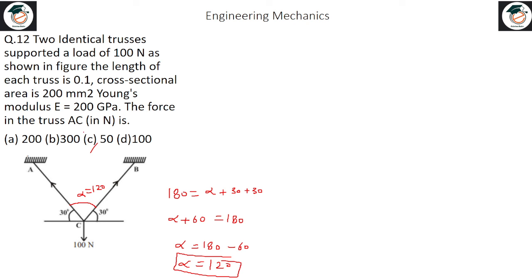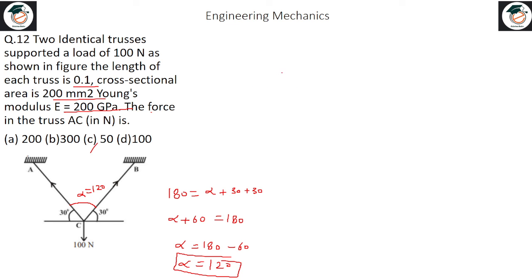The length, area, and Young's modulus are not required in this question. We have all the required terms to find the force in the truss AC.